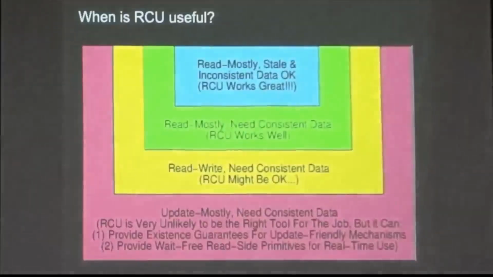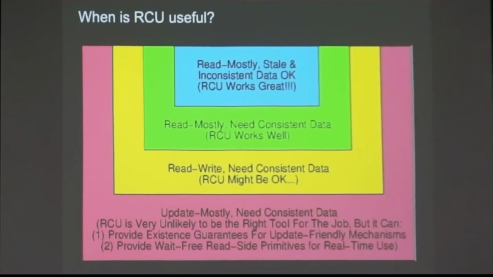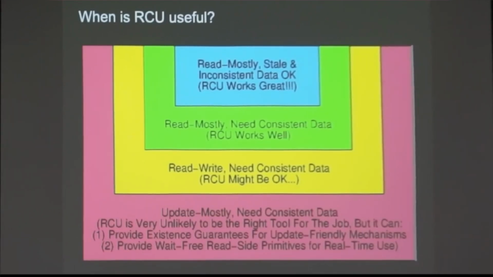Now that we've discussed implementations, let's explore when RCU is useful. The slide shows different scenarios. In some cases, RCU is a good fit. RCU is an excellent choice if your application mostly reads data and can accept inconsistency. It will definitely provide great performance.